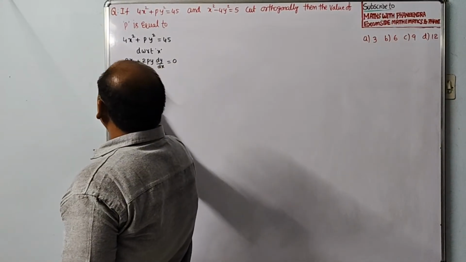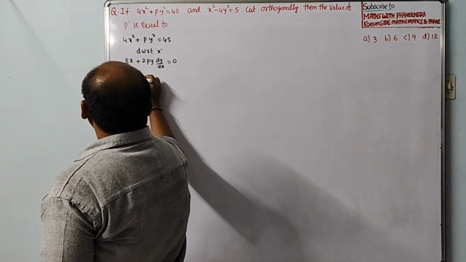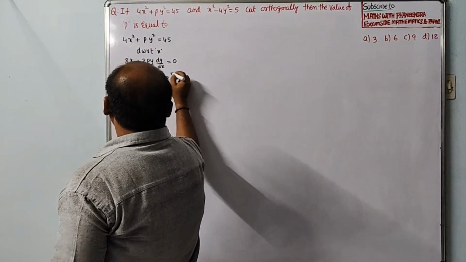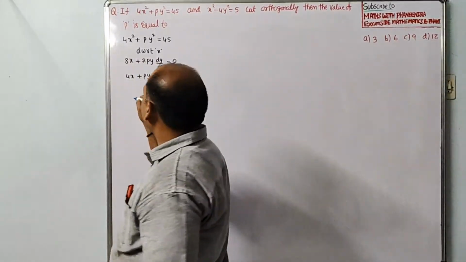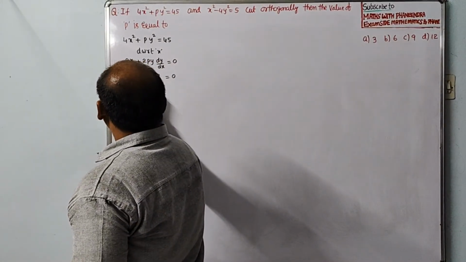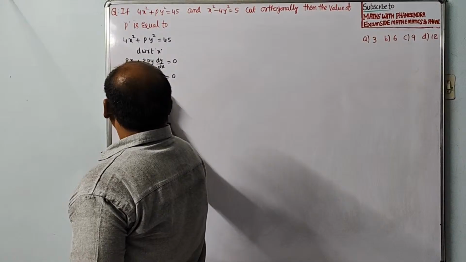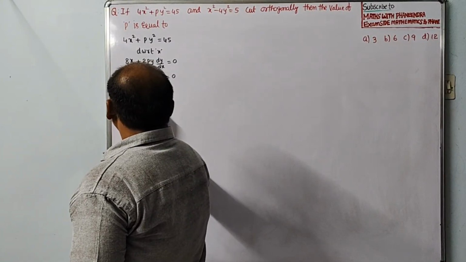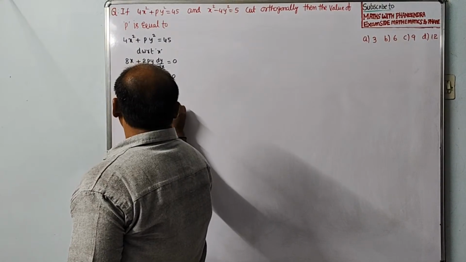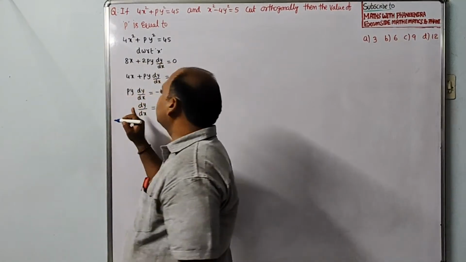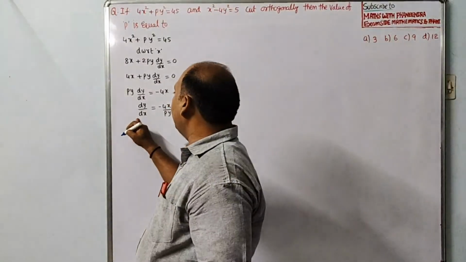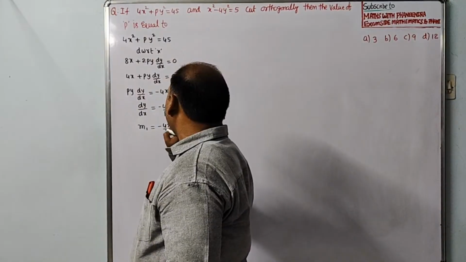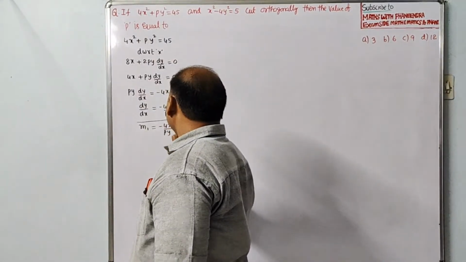Dividing by 2, you will get 4x plus py into dy by dx equal to 0. Making dy by dx the subject, py into dy by dx equal to minus 4x, so dy by dx is equal to minus 4x by py. This is the first curve slope. I am taking it as m1, m1 is equal to minus 4x by py. Keep it as equation number 1.